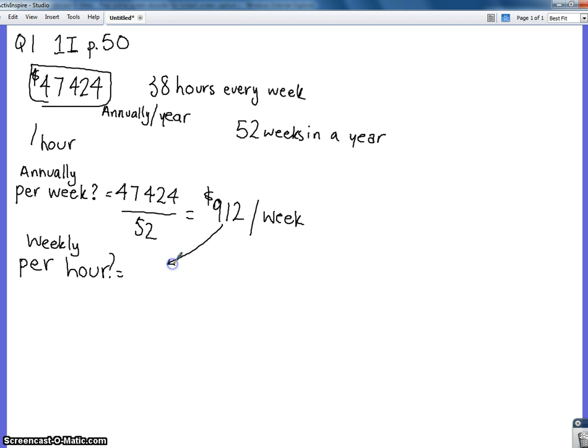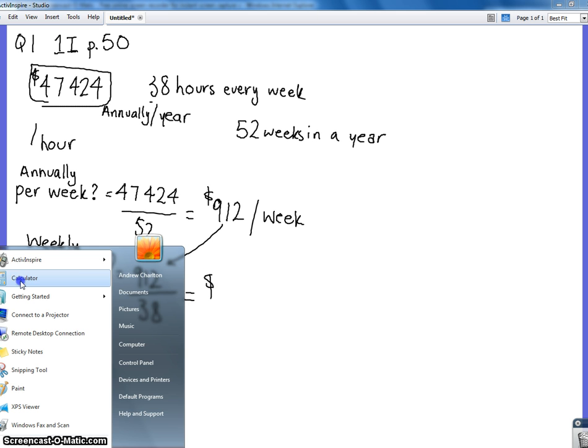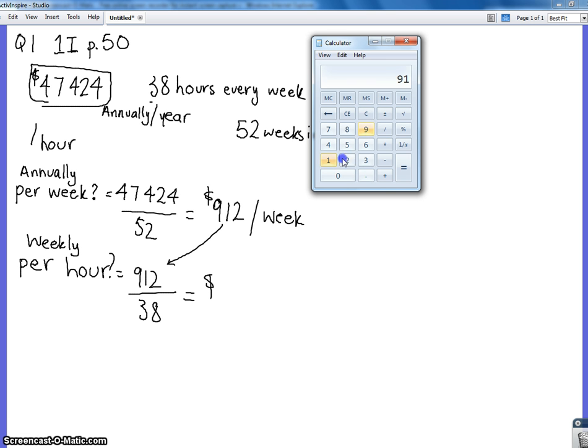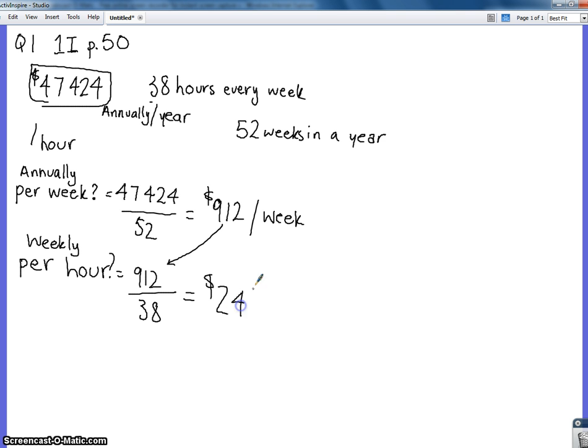It's the 912 divided by, on this occasion, your 38 hours, and that comes to $24. They're getting $24 for every hour that they work. Okay, is that alright? Can I explain that better at all?